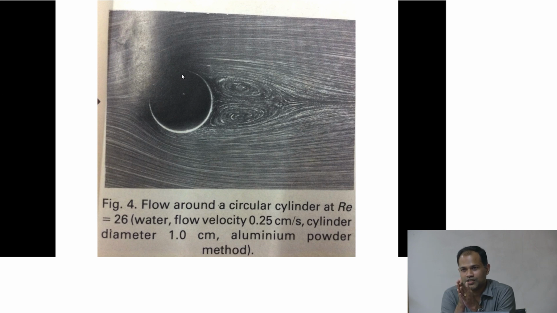Because it's very close to the surface, there will be a lot of friction coming from the surface, the velocity will be all smooth. But beyond some Reynolds numbers, even that region will become turbulent. So the region which is very close to the surface will become turbulent, and that happens at that particular Reynolds number. And this is just formation of vortices.